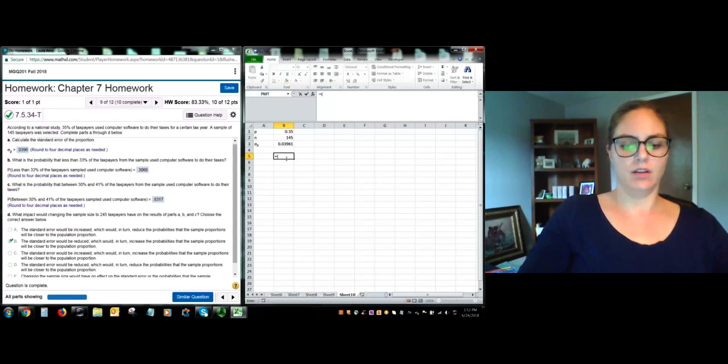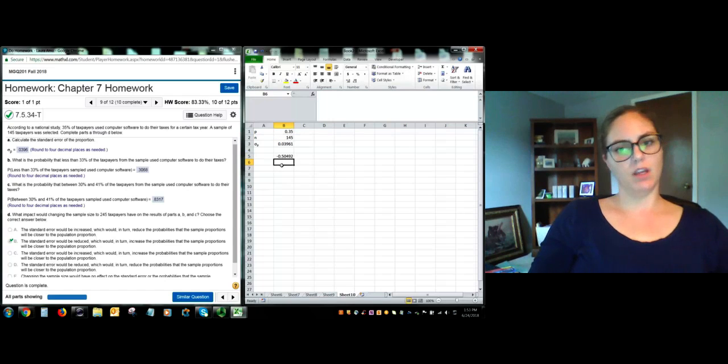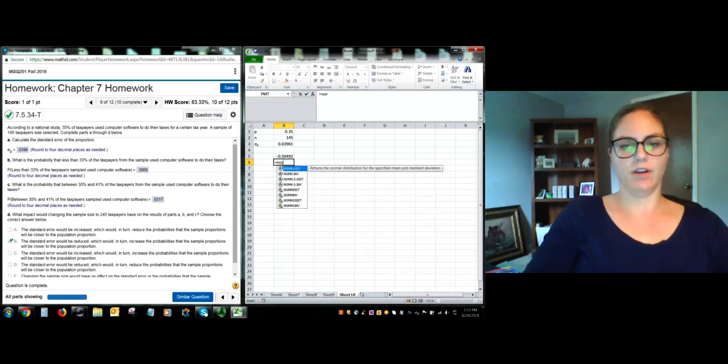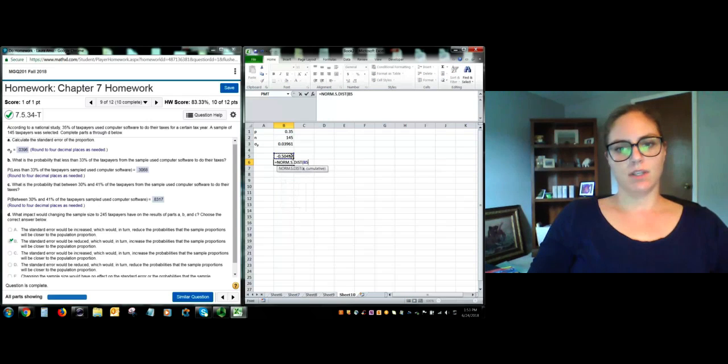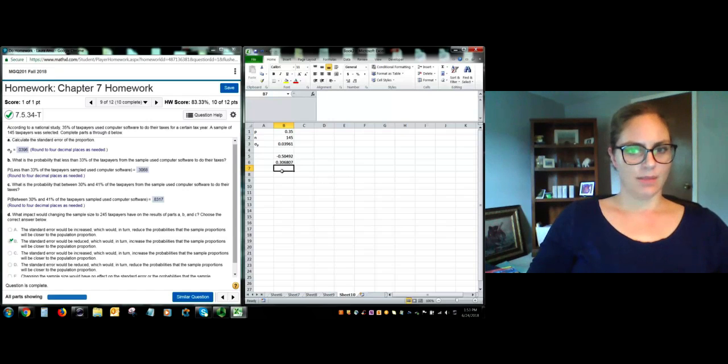What's the probability that less than 33% used? Here we're going to take 0.33 minus 0.35 and divide that by the standard error of the proportion. That gives me my z, and I can find the probability associated with that z. Here it's about 31% of the time, 0.3068. So here I'm just going to put P less than 0.33.